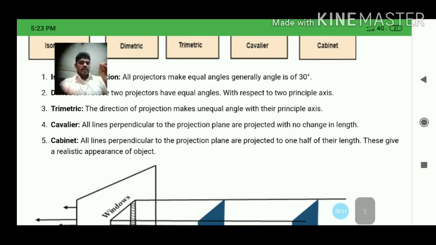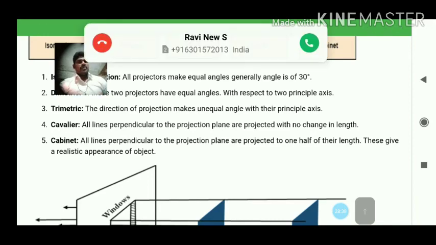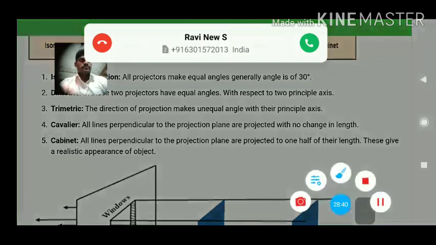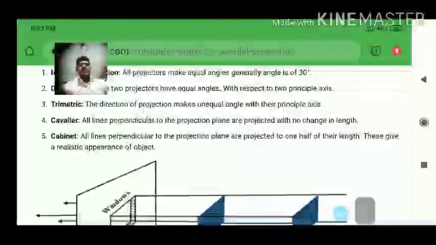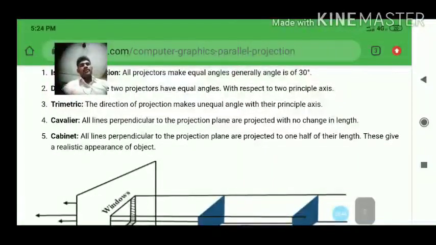In multi-view, they are making a 90 degree angle towards the principal axis as well as the view plane. So this is about the orthographic projections, multi-view and axonometric.